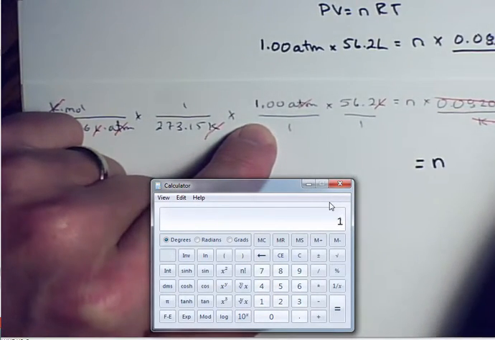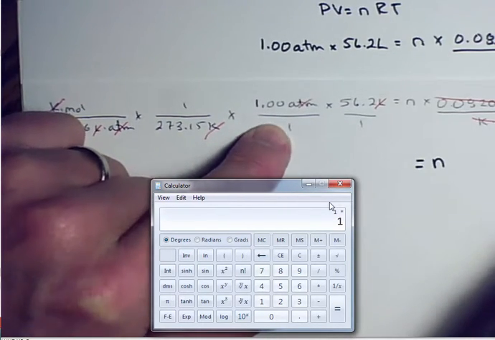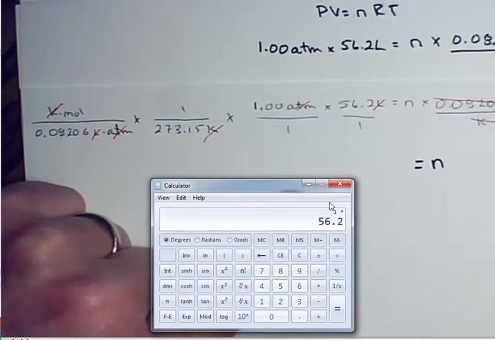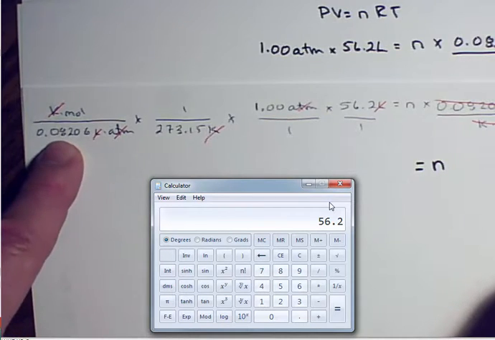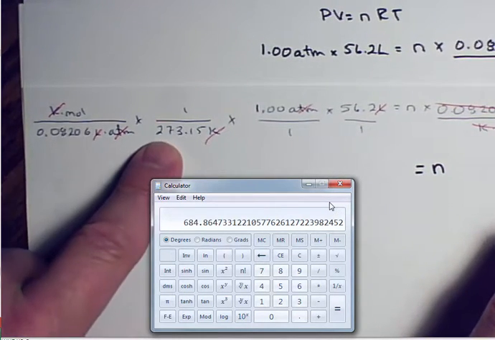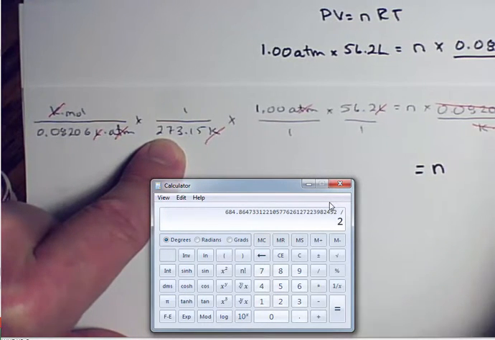We're going to take one, so you can see a simple calculator. 1.00 times 56.2, enter, then divide by 0.08206, enter, then divide by 273.15.